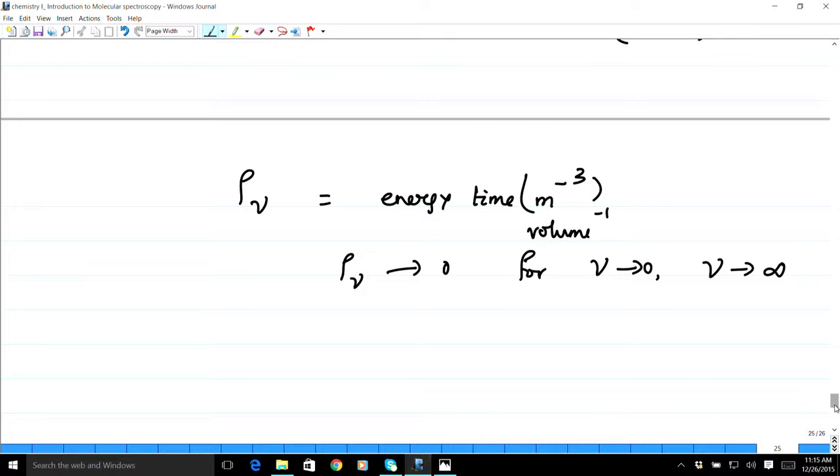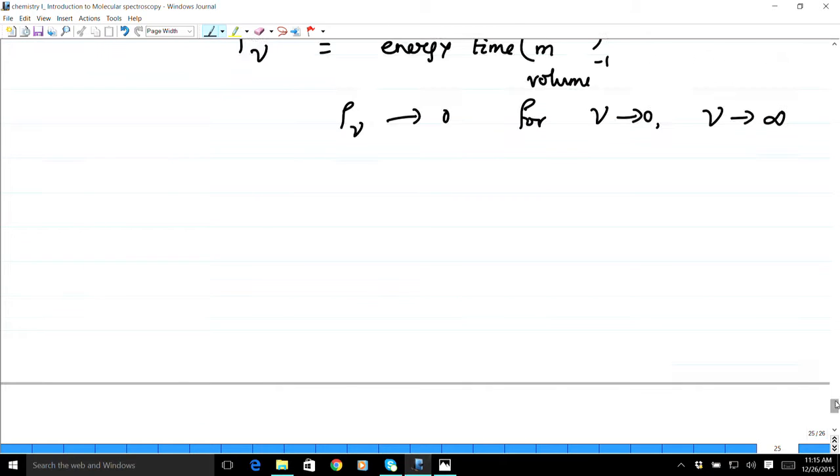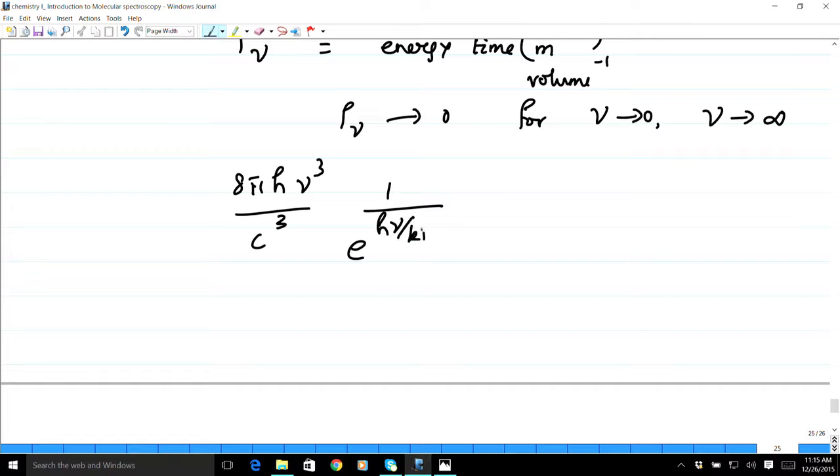That is easy to check, because if you write the formula as 8 pi h nu cube by c cube, 1 by e to the h nu by kT minus 1.